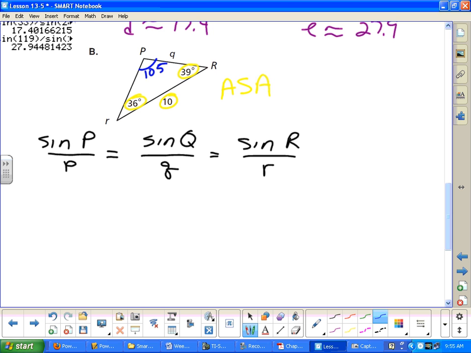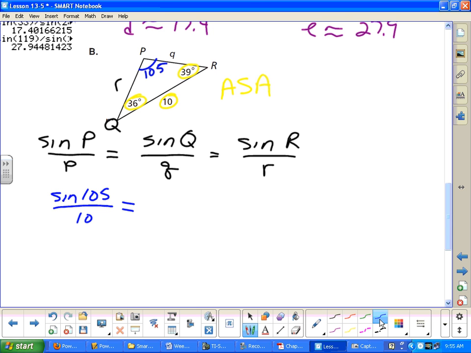All right, so we've got the sine of 105 over 10 equals, I don't have a Q here. Here's the Q, there's the little R, there we go. That would be better.